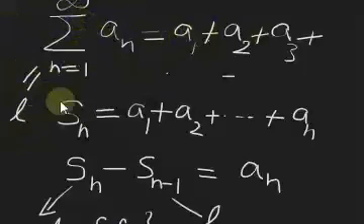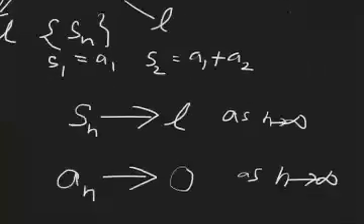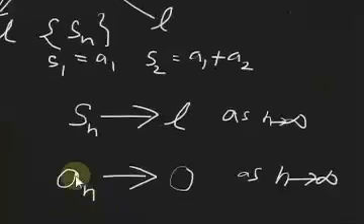That we call this series convergent, right? If this series is convergent, then we showed that the sequence a sub n always goes to 0 as n tends to infinity. This is true for all cases, alternating or anything, right?